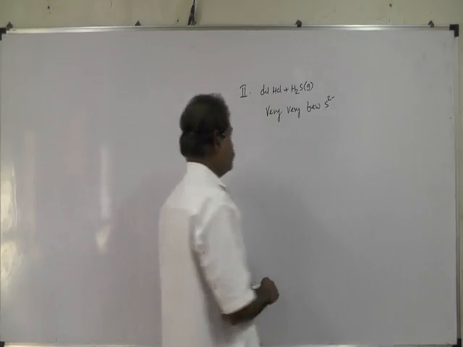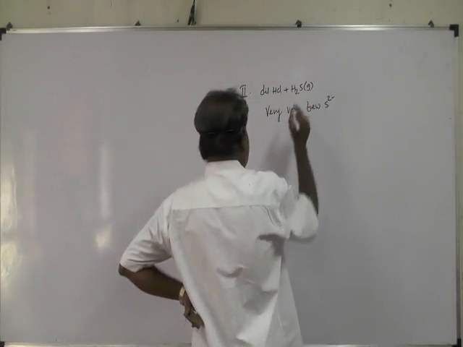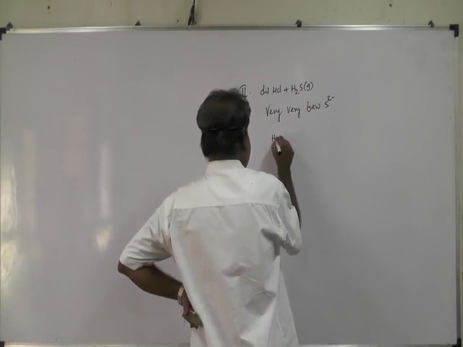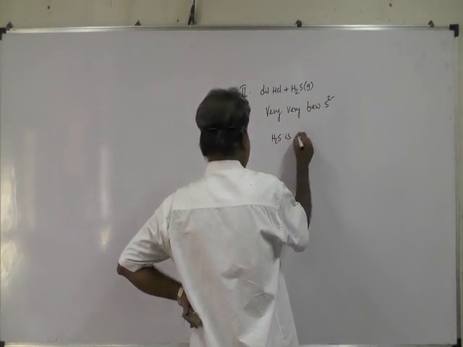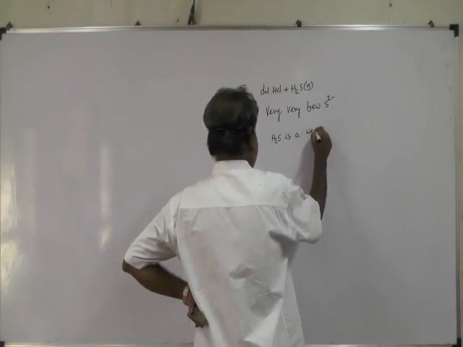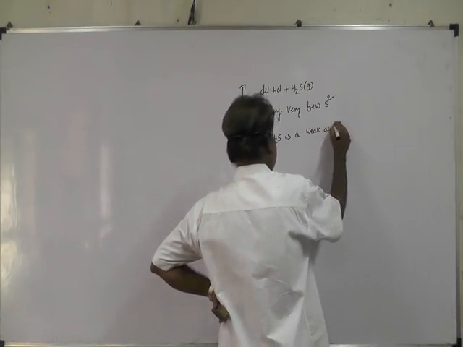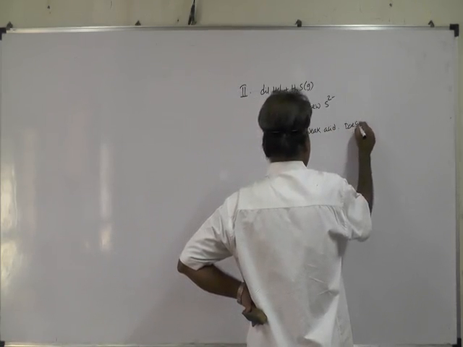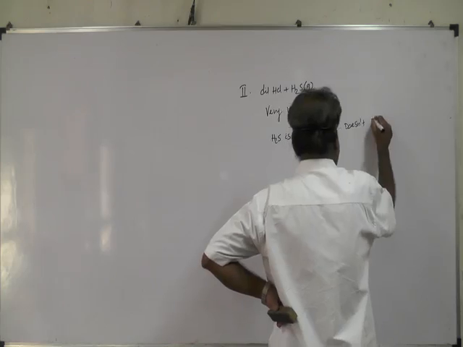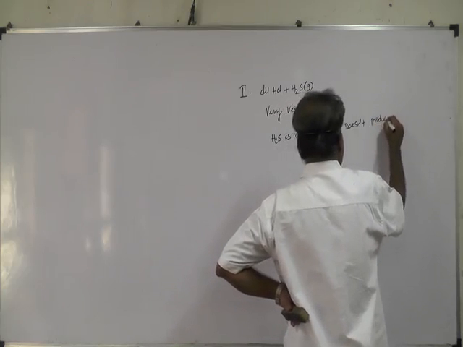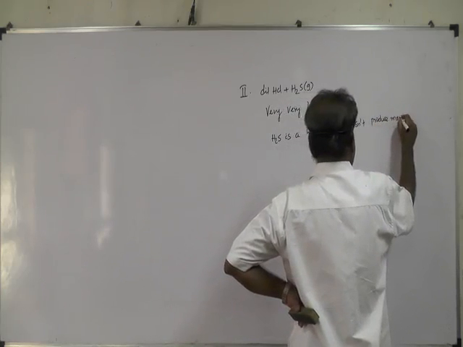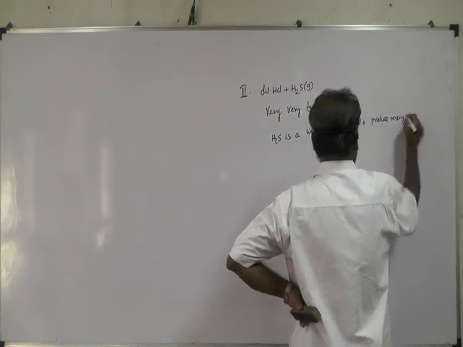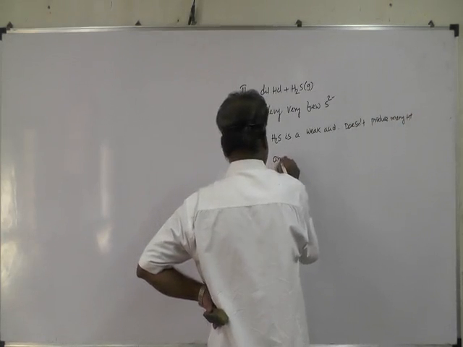Now, H2S is a what? Weak acid. Doesn't produce many H plus and S2 minus.